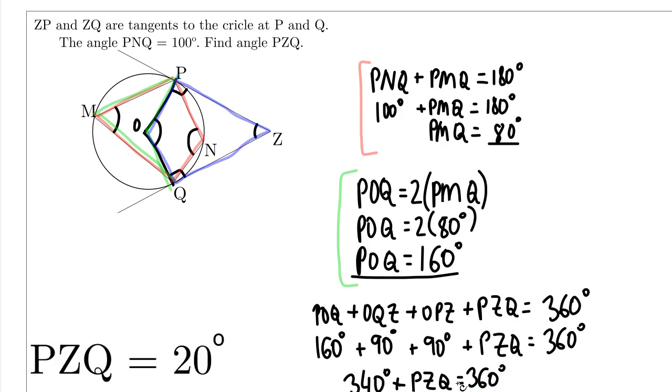Subtract 340 degrees, and we can tell that PZQ is equal to 20 degrees. There you go. And this was our third reasoning, and the reason for this is that angles in the quadrilateral add up to 360. And that's the end of the question.